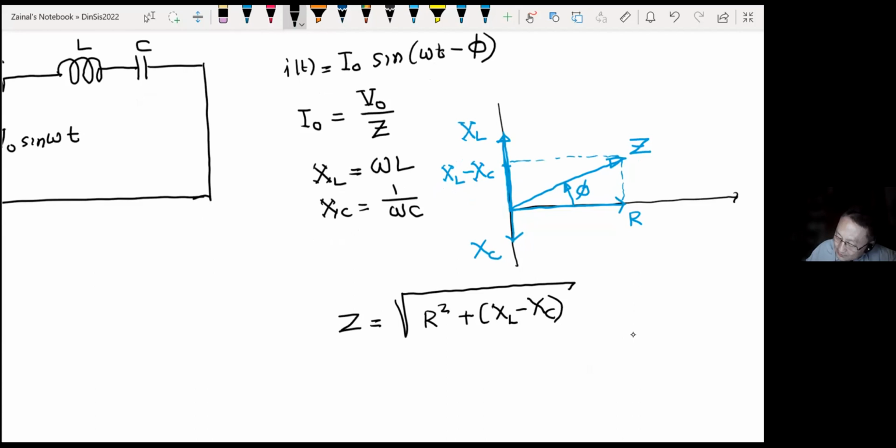And tangent of phi is equal to (XL minus XC) divided by R. Right? This is what you already learned in senior school.